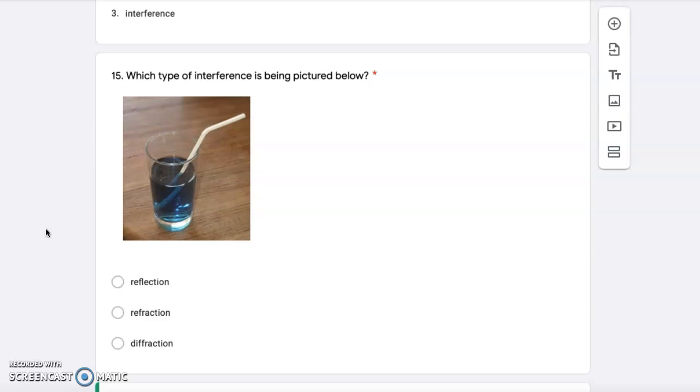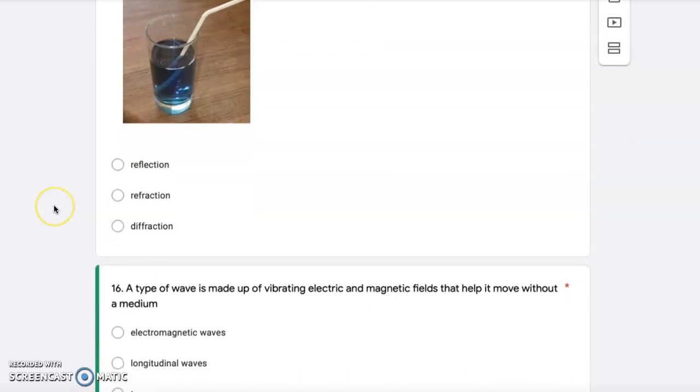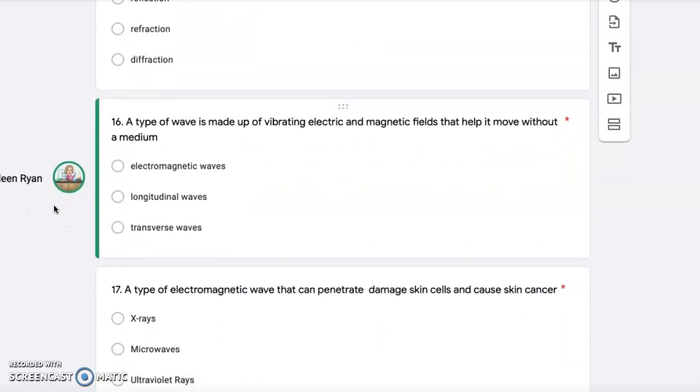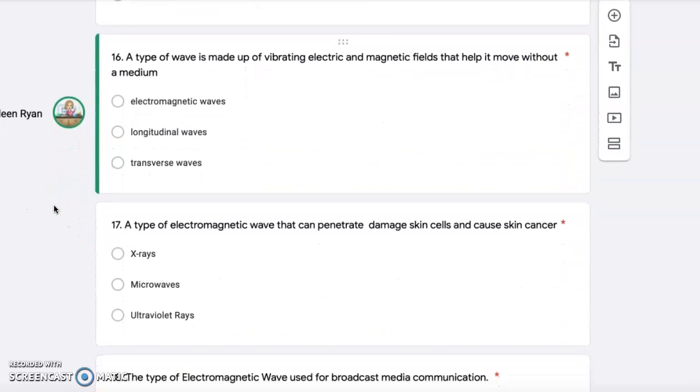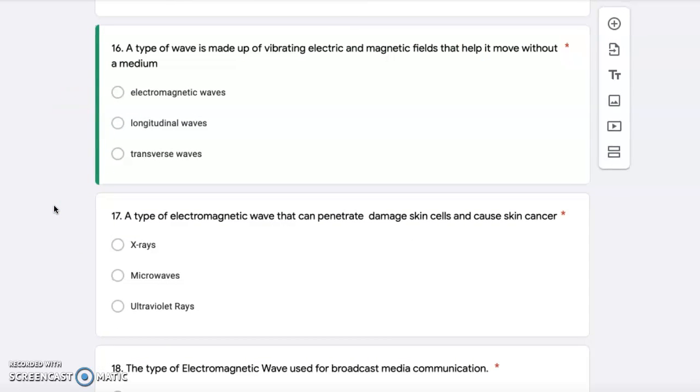Reflection, refraction, or diffraction? Number 16. A type of wave is made up of vibrating electric and magnetic fields that help it move without a medium. Electromagnetic waves, longitudinal waves, or transverse waves.